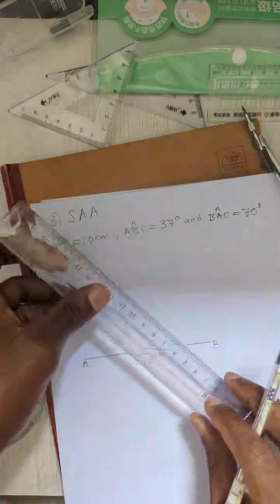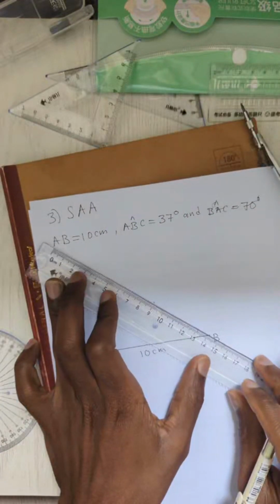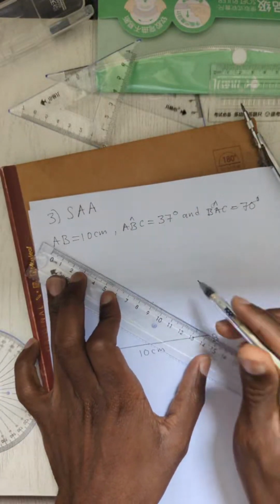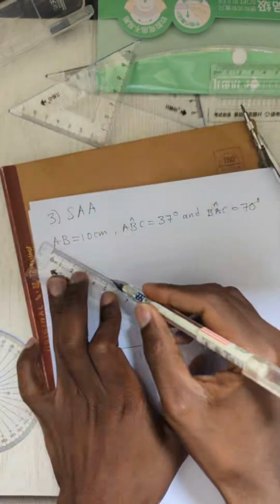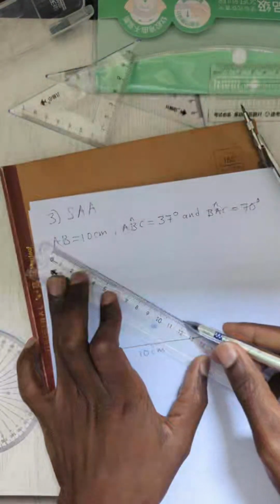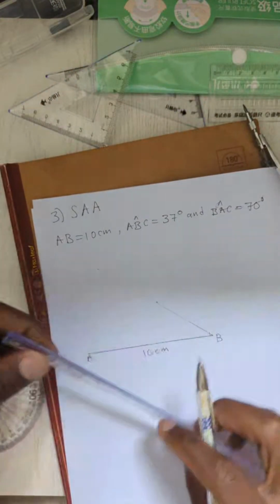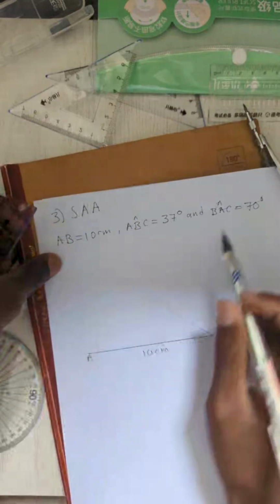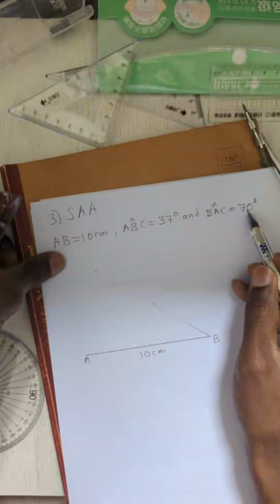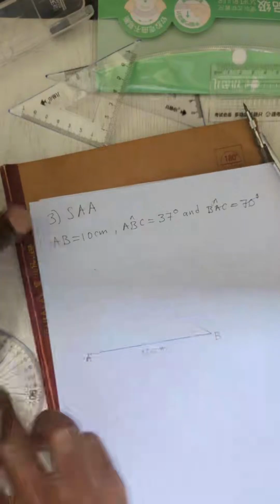So all you can do is draw a faint line which will show you that BC has to pass through here. So we know that C has to be somewhere here. We just don't know how long this line should be. Then again, BAC is 70 degrees.